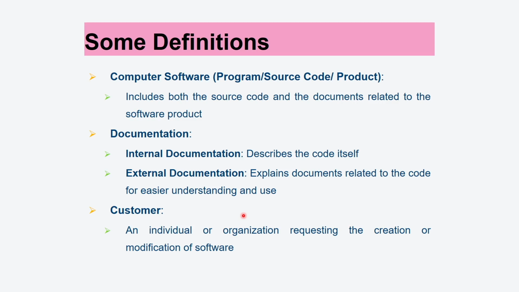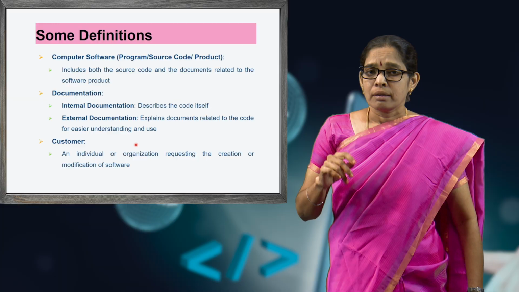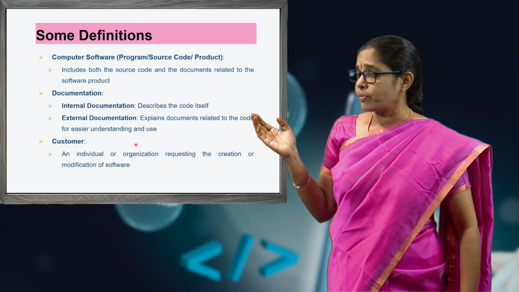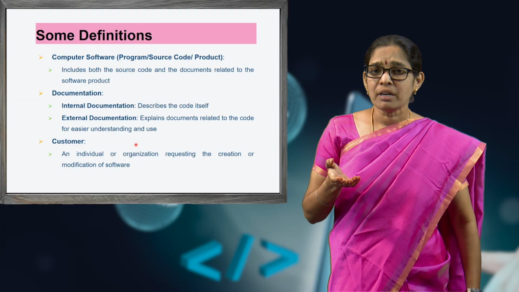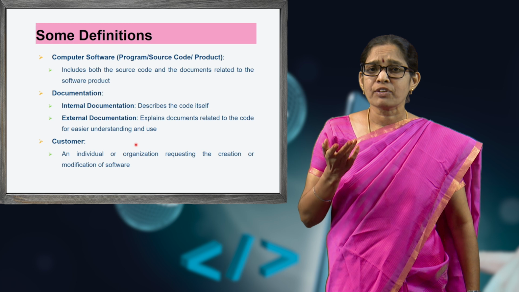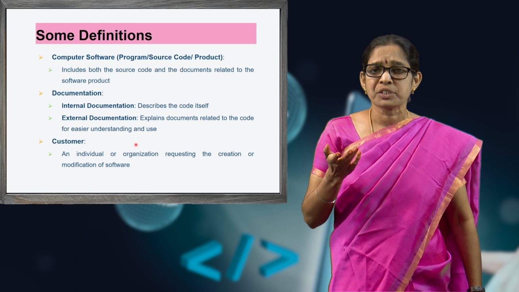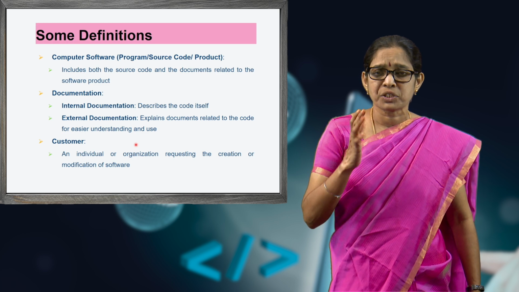It involves internal documentation and external documentation. Internal documentation describes the code itself. External documentation describes the code for easier understanding and use. Then next, customer, maybe an individual or organization requesting the software creation or a modification of software.